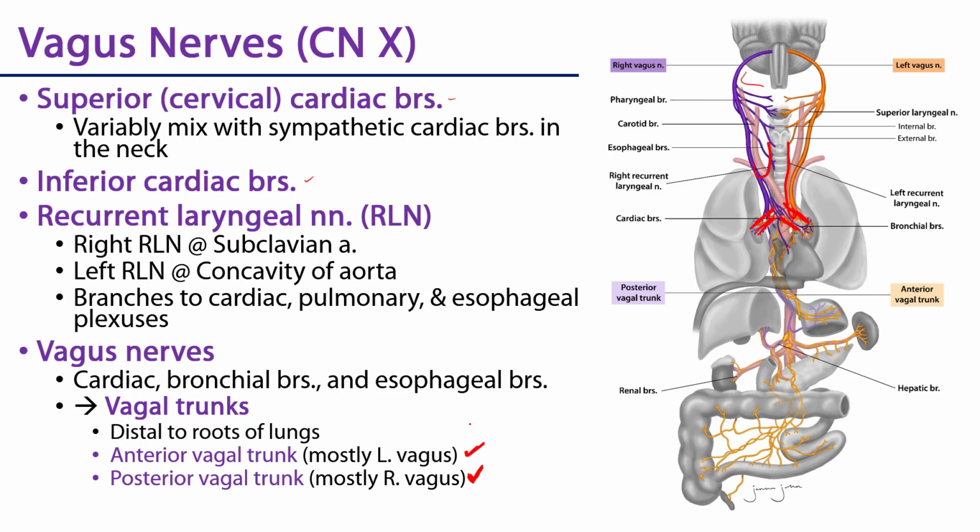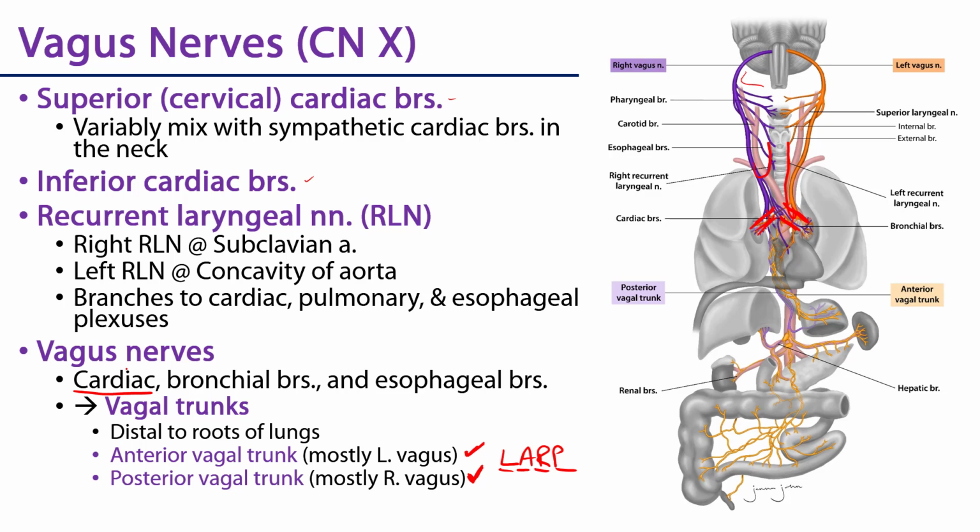The right vagus nerve, most of its fibers become the posterior vagal trunk. And we can remember this by the mnemonic LARP. Left anterior, right posterior.